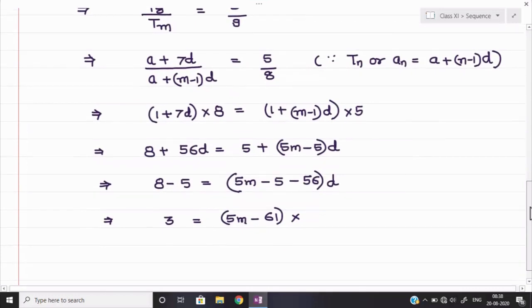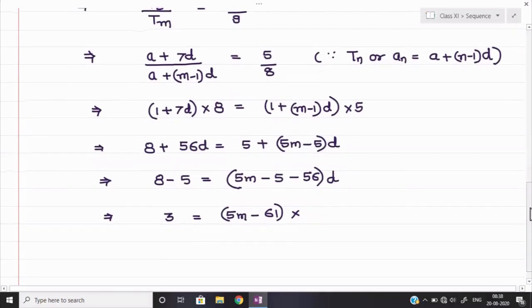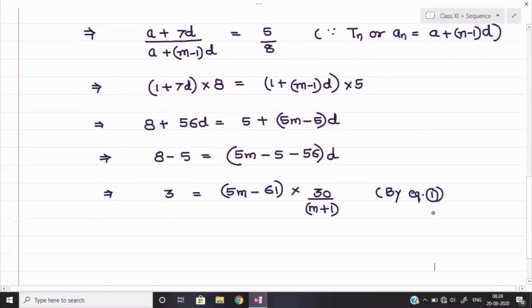So here I am keeping the value of d as 30 upon m plus 1. Okay, and here we can give the reference by equation number 1. Further, m plus 1 I will transfer to left hand side.